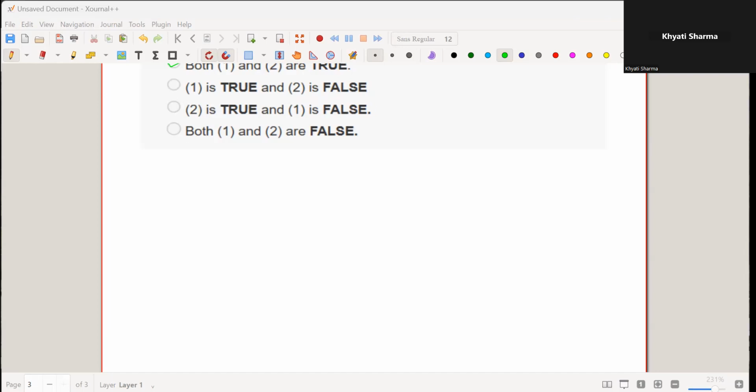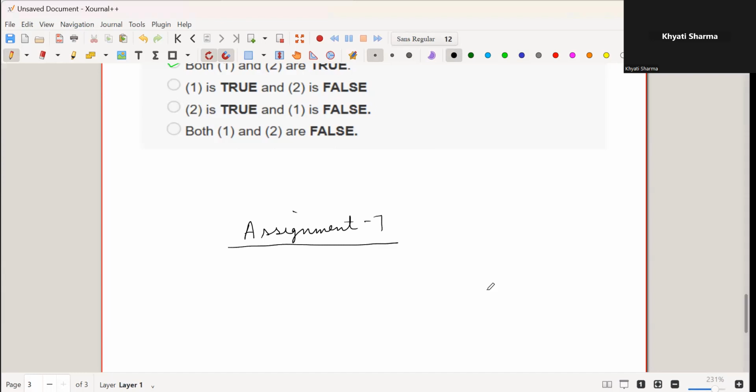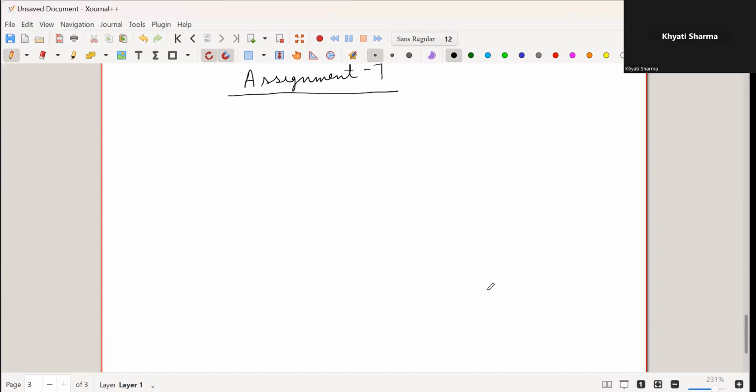Okay. So yes, for assignment 7, you first need to know what a category is. I will write the revision part.